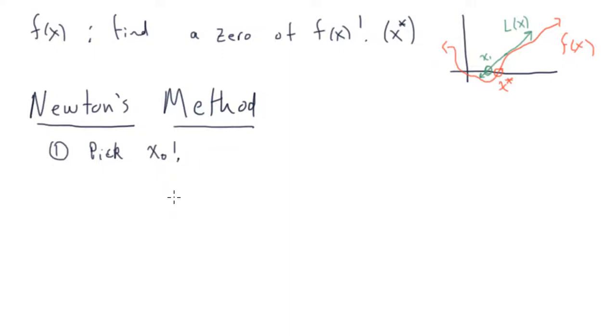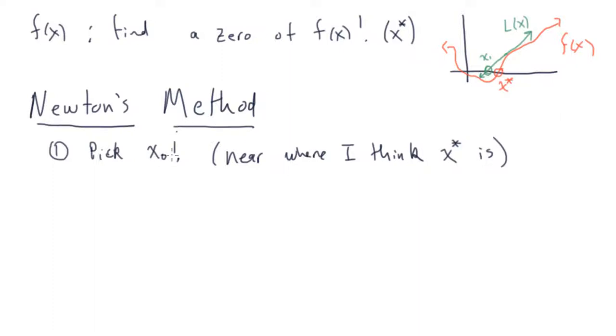And now you say, okay, well, how in the world do I know which number to pick? Well, it doesn't really matter, but it does matter if I have some idea of where the 0 of the function is. I probably want to pick it near where I think x star is.